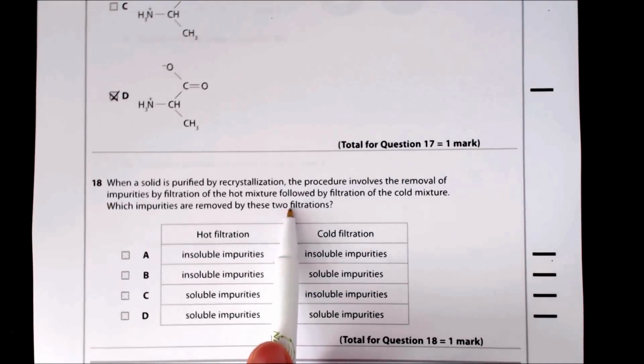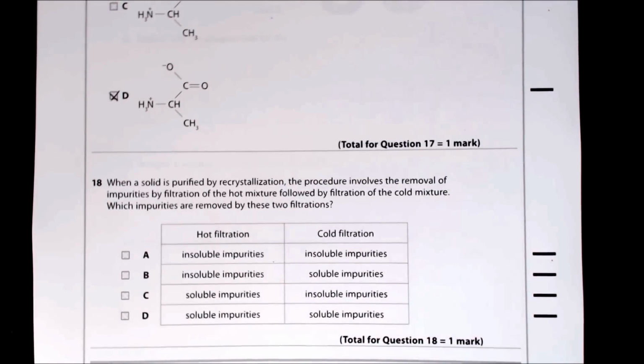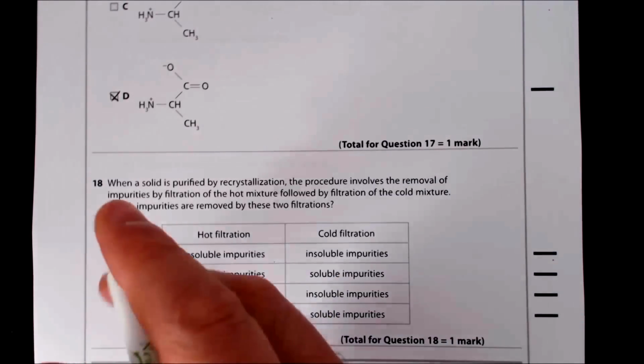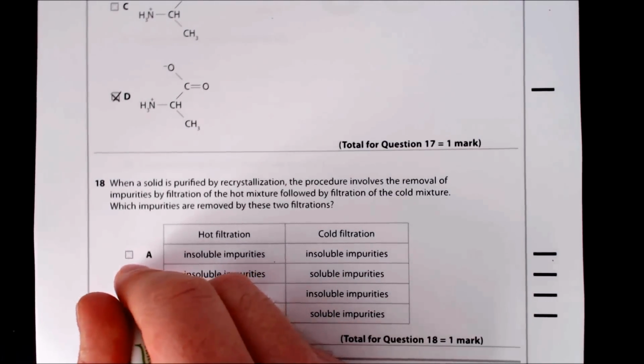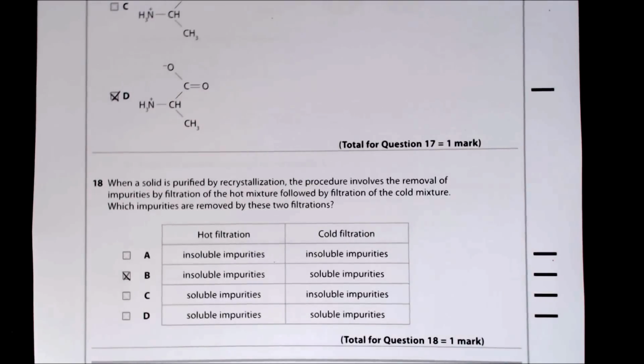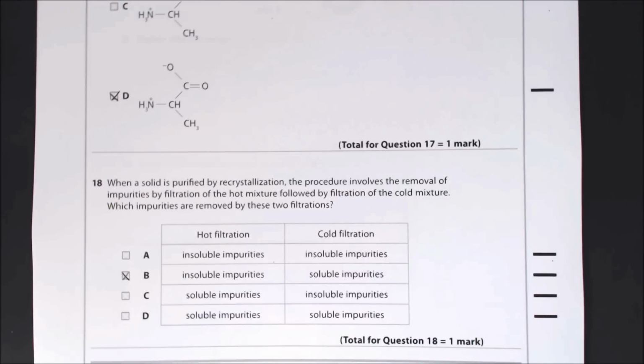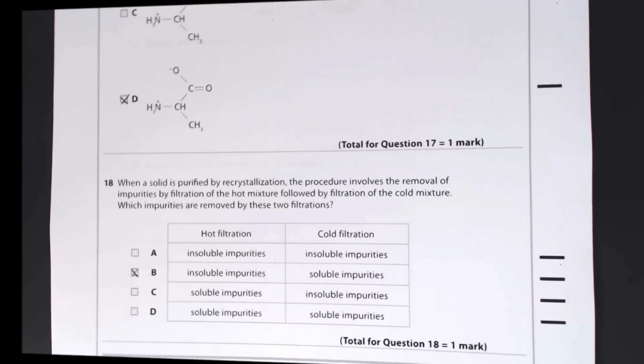And when you do your cold filtration, all the impurities that were soluble in the hot solution are not soluble in cold solution. So effectively this removes your soluble impurities, the ones that were soluble with your product. So actually this one is going to be B, and that's something you really have to remember as a how science works aspect. And there we go, you get a nice 20 marks, so it's not too bad for section A. Okay, right, on to section B.